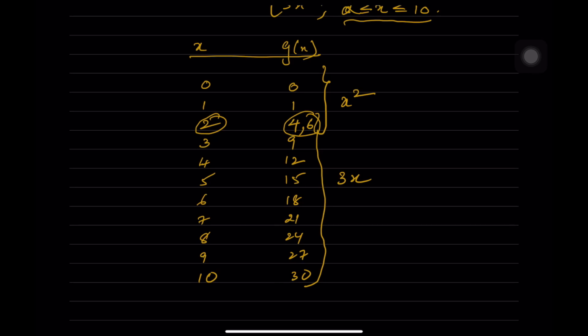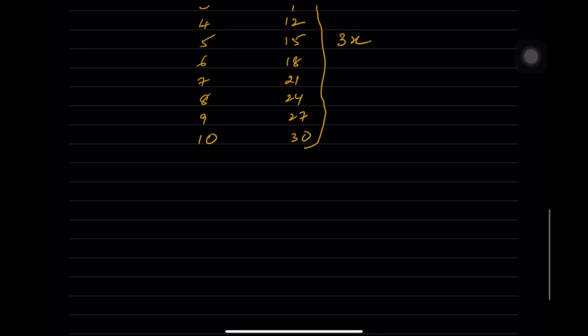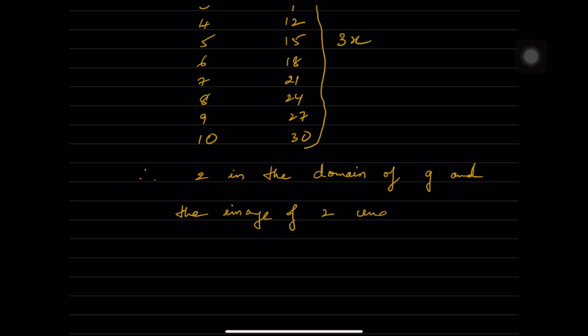So we can see from this table very clearly that 2 is in the domain of G and the image of 2 under G is not unique.